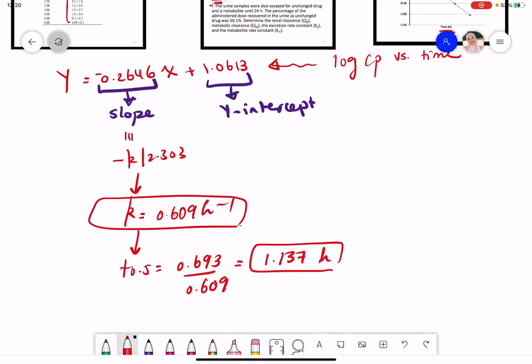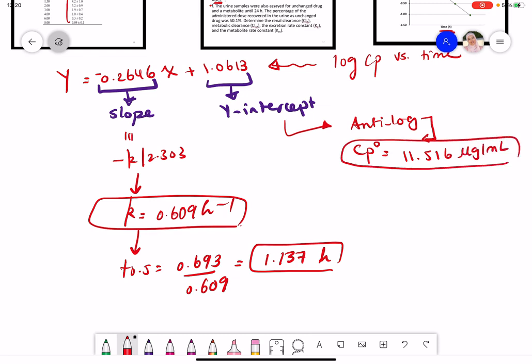And we can take the antilog of the intercept to determine the initial concentration, which is equal to 11.516 microgram per milliliter.